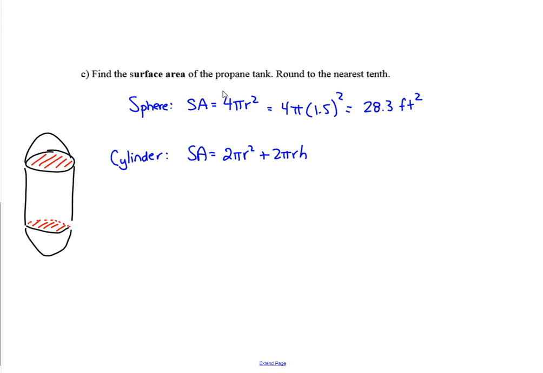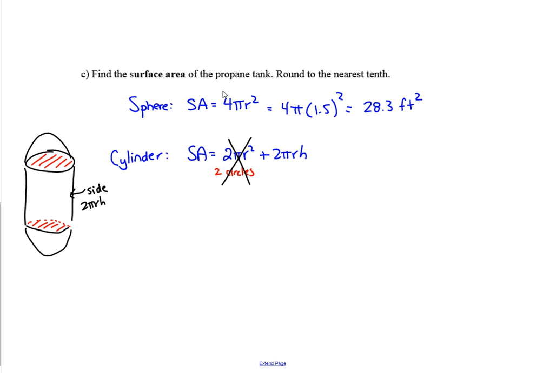So you need to understand the formula. What part of the formula is the two circles? The 2 pi r squared. The two circles is this part right here. We do not need that part because that is not exposed. We only need the side, which in the formula is 2 pi r h. 2 pi r is the circumference of the circle, right?